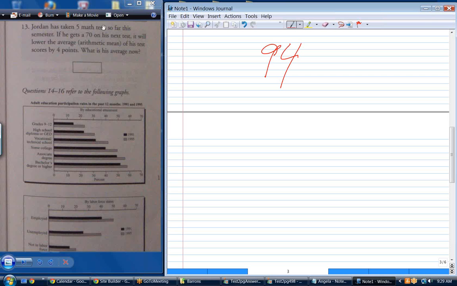Rather than thinking about totals, which is the first word that always comes to my mind when I'm thinking about arithmetic mean, let's see if we could take a guess. If he scored a 70 and it lowered his average by 4 points over 6 tests, his average must have been about 20, 24, or possibly 28 higher.